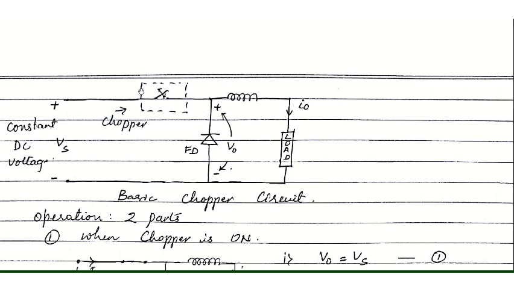The dotted rectangle indicates the chopper circuit, which can be made of any of the power semiconductor devices. Then you have an inductor, a freewheeling diode, and the load.